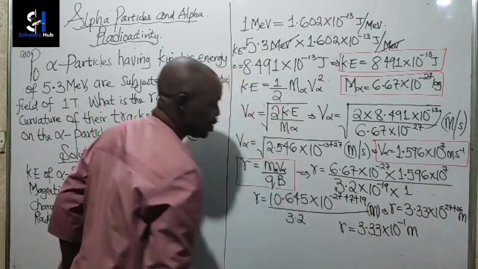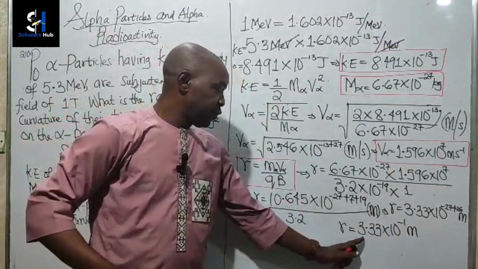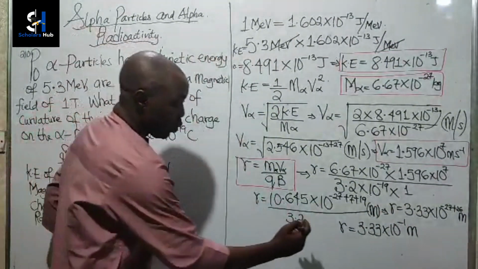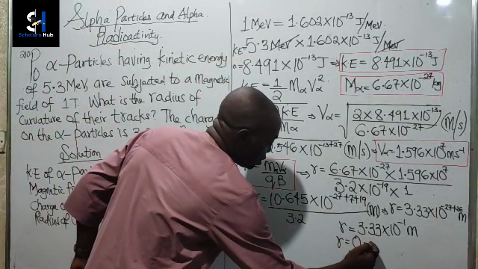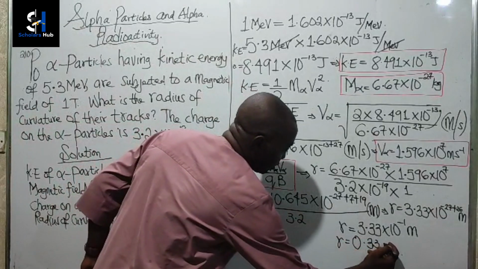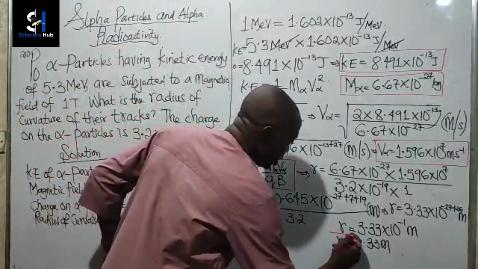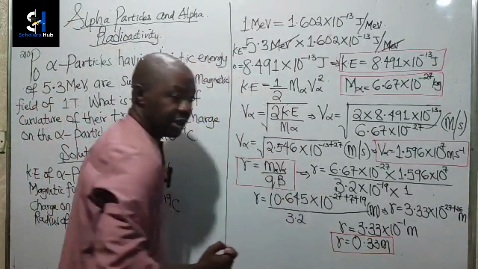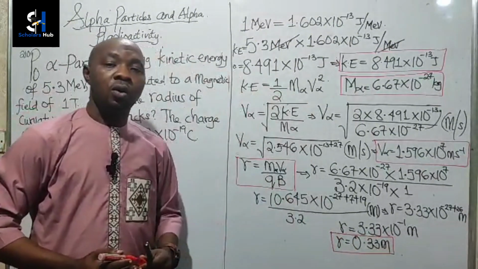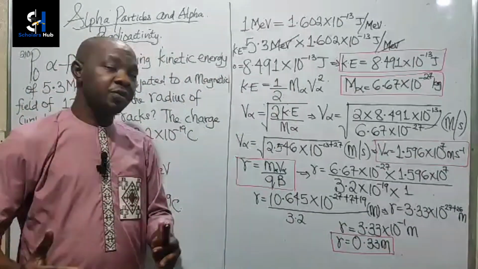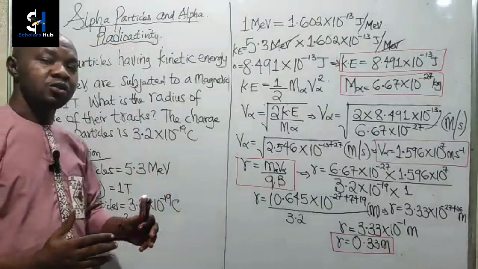The unit, remember, is the meter. So when we multiply 3.33 by 10 raised to the power of minus 1, we're going to have the value of R to be 0.33 meters. So this is the value of the radius of curvature of the charge moving in a circular track.